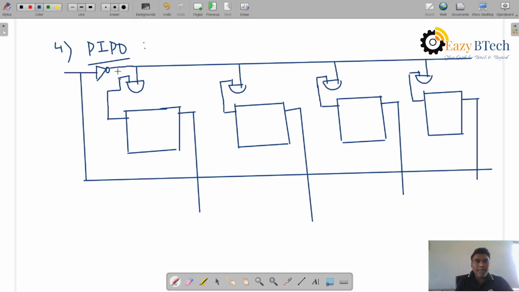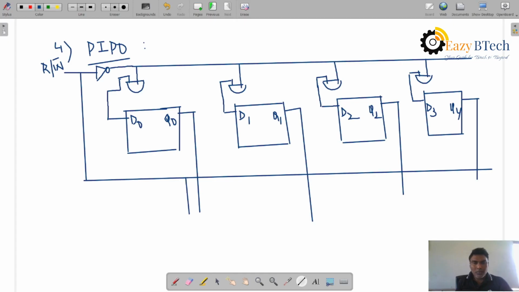Now it is read and write complement. So we have taken D0, Q0, D1, Q1, D2, Q2, D3 and Q3. Outputs are here.